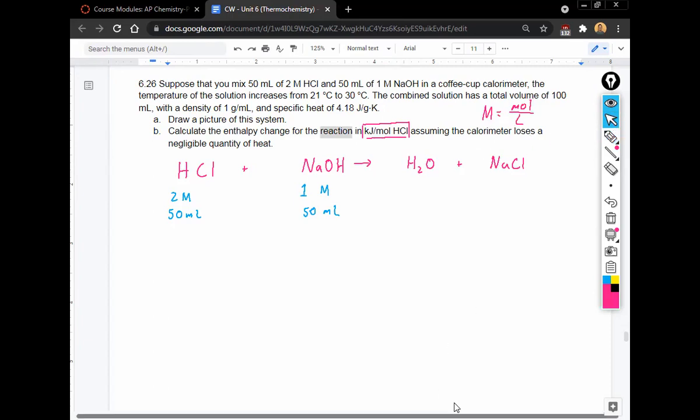Use the numbers that we have for HCl and NaOH, and calculate how many moles of each we have. I'll give you maybe 30 more seconds to convert into moles.